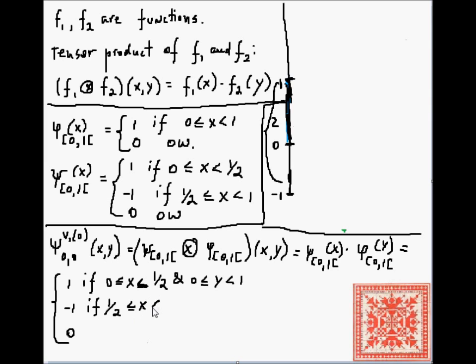It takes on the value of minus 1 if x is greater than or equal to 1 over 2 and less than 1, and y is greater than or equal to 0 and less than 1, and 0 otherwise.